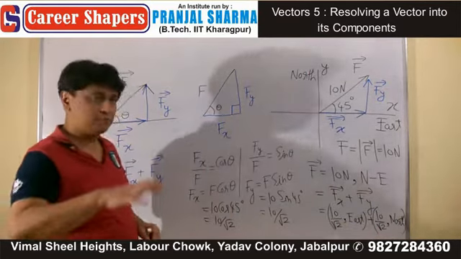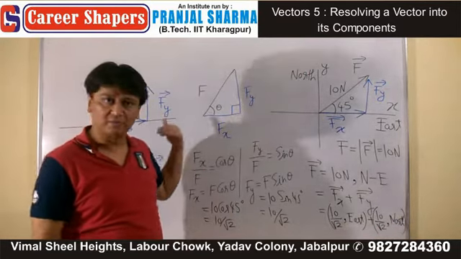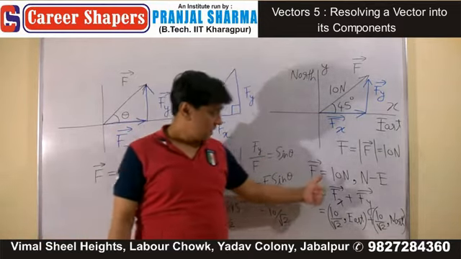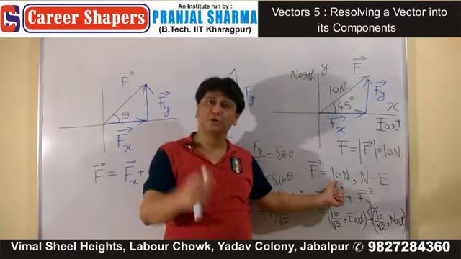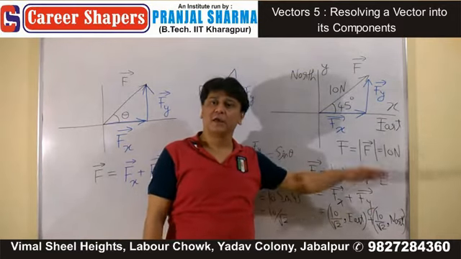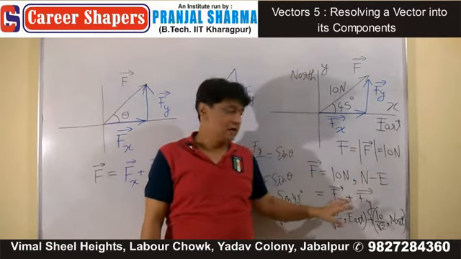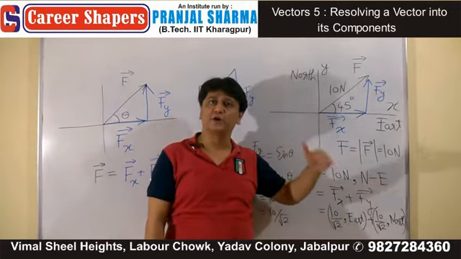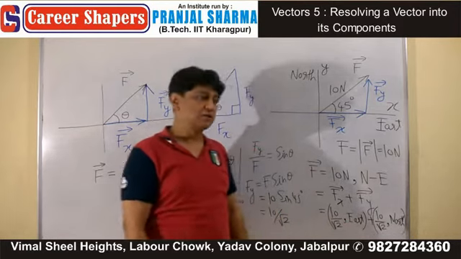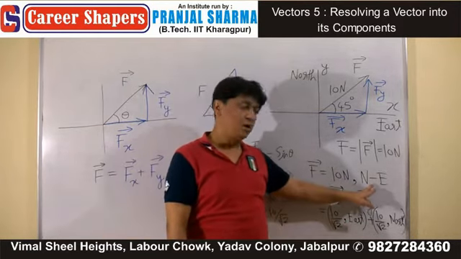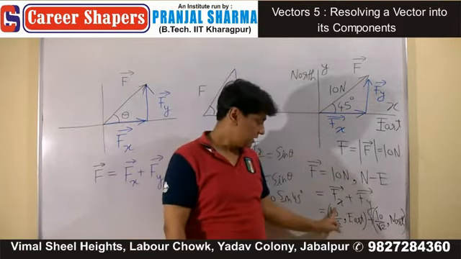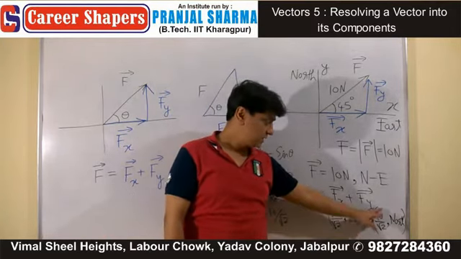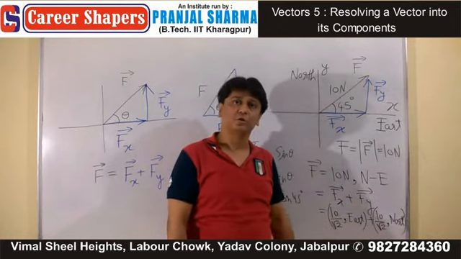We'll solve different examples and you will get a hold on all these things. But right now, 10 newtons northeast. If they ask you to resolve 10 newtons northeast into its components, then the answer is 10 newton northeast is 10 by root 2 east plus 10 by root 2 north.